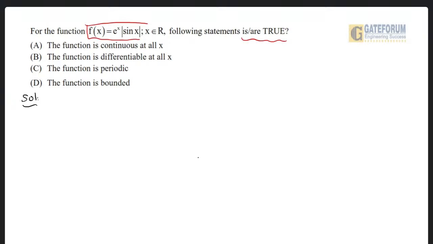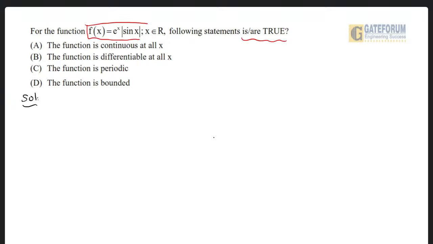If at every point on the graph there is only one tangent, then the function is called differentiable at that point x. Periodic: the graph of f(x) gets repeated after every interval of length p, then small p is called the period of that function. Bounded means this function lies between two values, minimum and maximum, like between 0 and 1, or 1 and 2, or any two values. Then that function is called bounded.